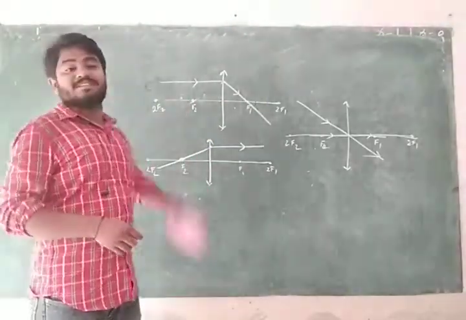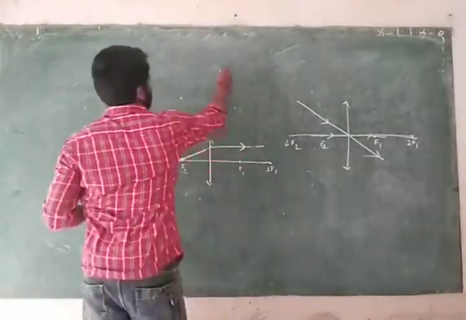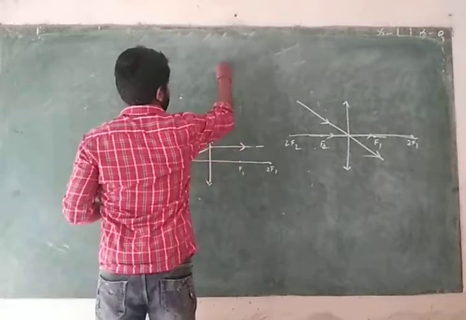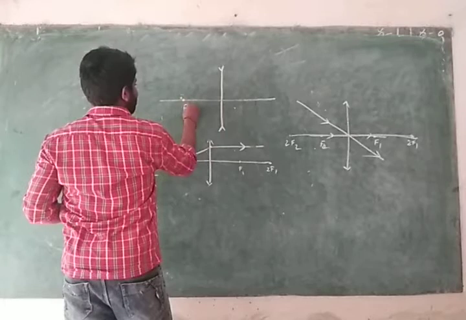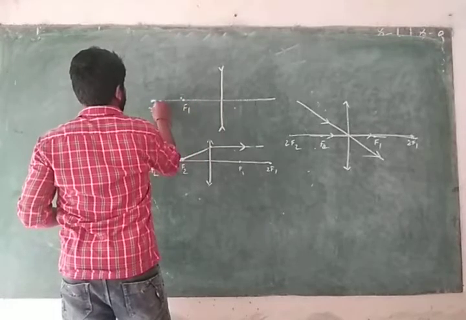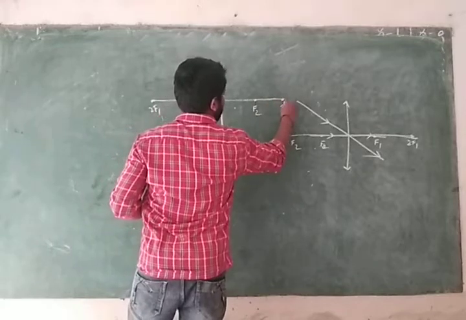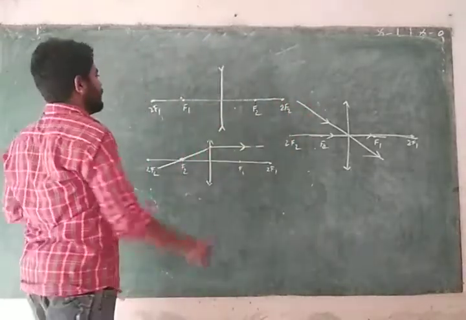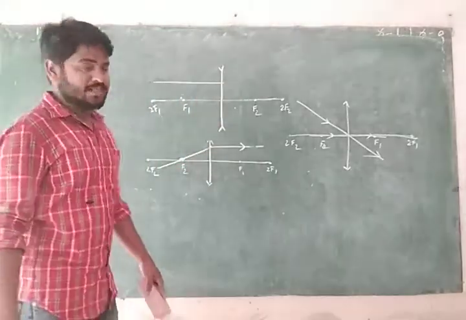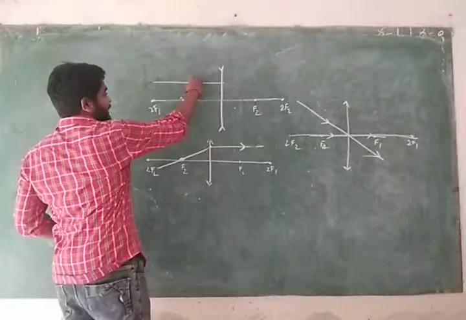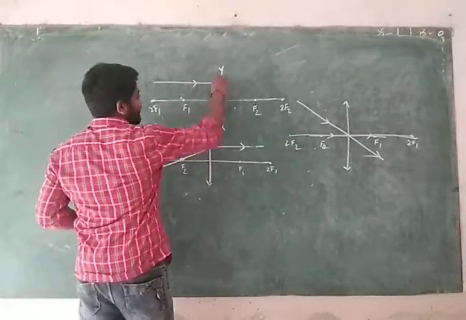You can draw the same lines for the concave, biconcave lens. For example, this is a biconcave lens with the principal axis, right? This is F1 and 2F1, F2 and 2F2. Now, when a light ray passes parallel to the principal axis and is incident on the lens, what will happen?